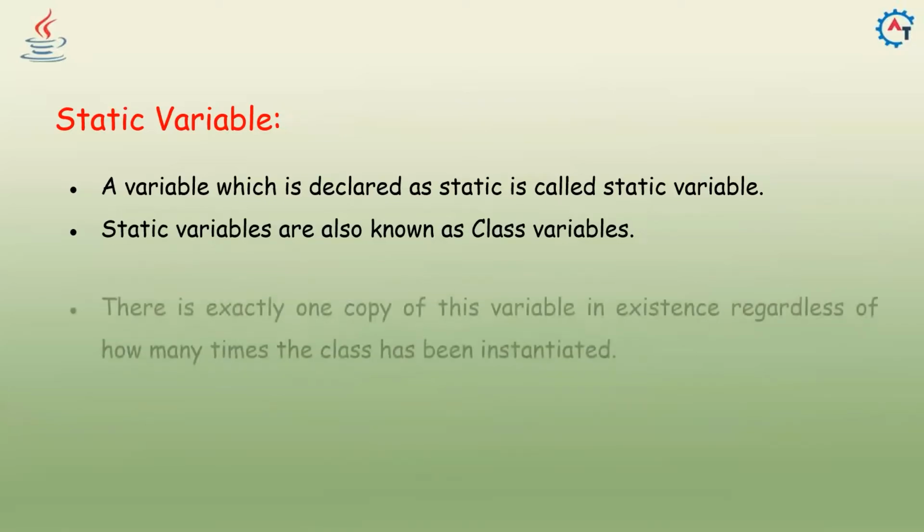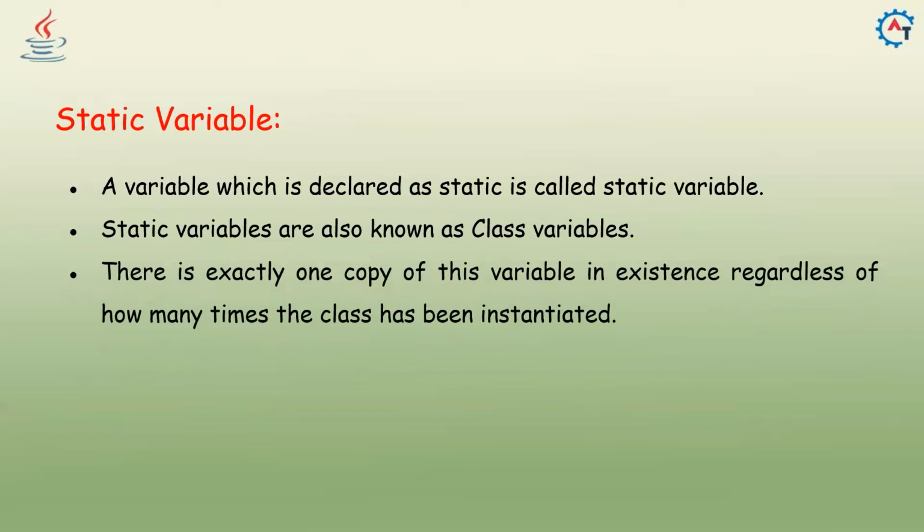There is exactly one copy of this variable in existence regardless of how many times the class has been instantiated. In an instance variable, if you create multiple objects, each object will have its own copy. But for a static variable, no matter how many objects you create, all the objects refer to the same variable. It will not duplicate anything; there will be only one value.